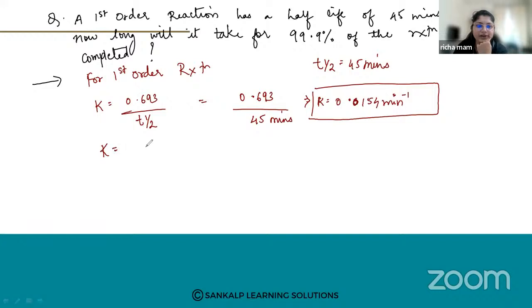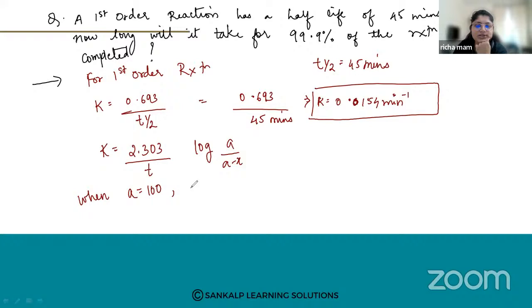Now we have to find the time for 99.9%. Okay, so let us see the first order reaction. K is equal to 2.303 by T, log of A by A minus X. Our initial concentration will be 100%.